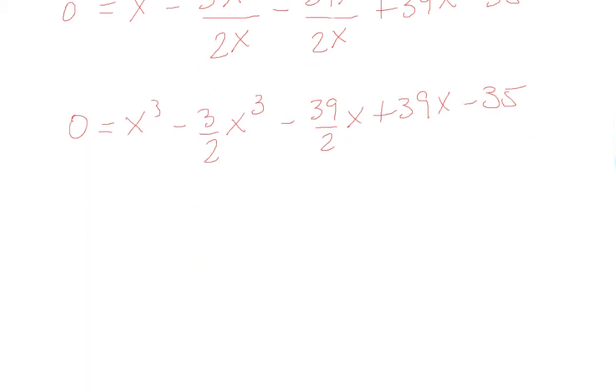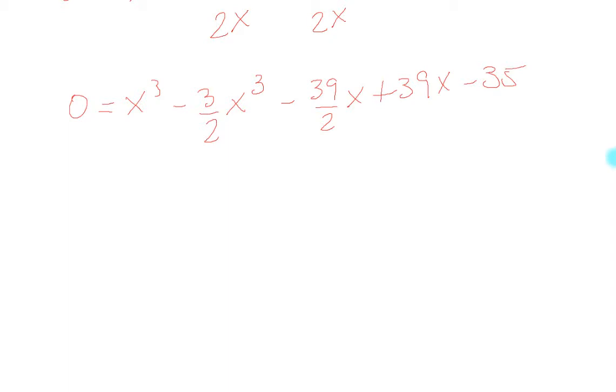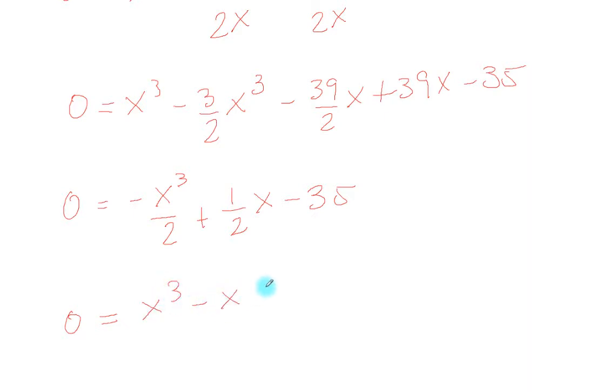Now this becomes 0 equals minus x cubed over 2 plus 1 half x minus 35. Now if we multiply everything by negative 2, we get 0 equals x cubed minus x plus 70.